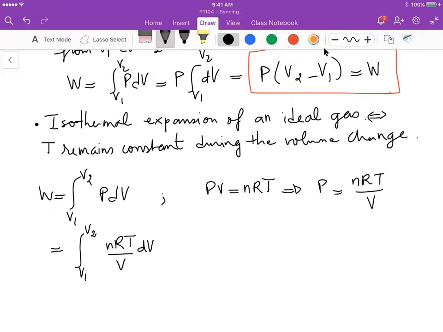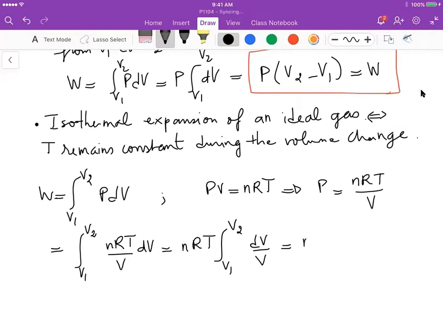Now, since n, R, and T are constant, n is constant, R is constant, and T is constant in this case because we are dealing with an isothermal expansion, meaning the temperature stays as it is. So nRT come out, and we end up with the integral between V1 and V2 of dV over V. And the integral of dV over V is nothing else than the ln.